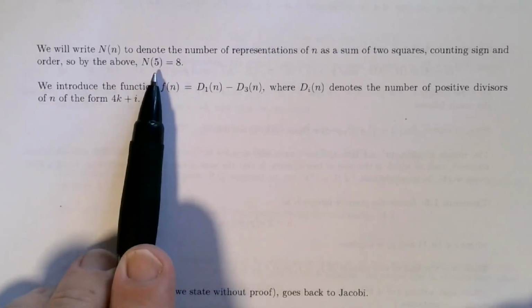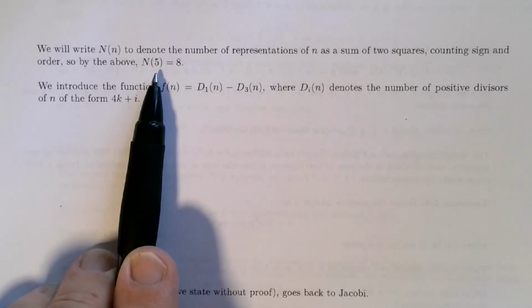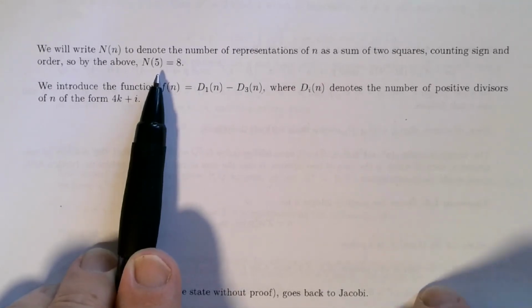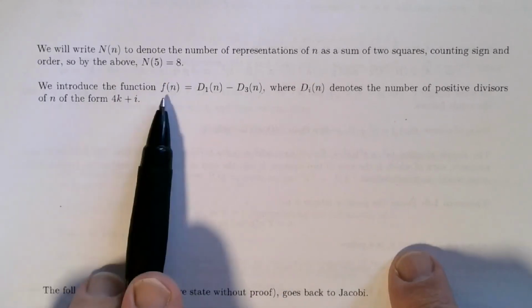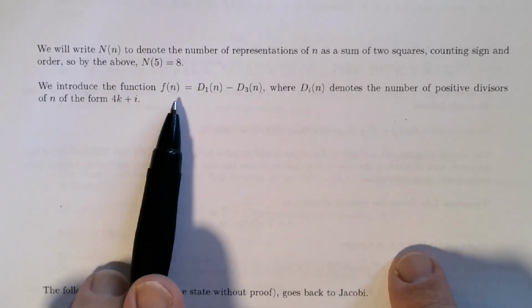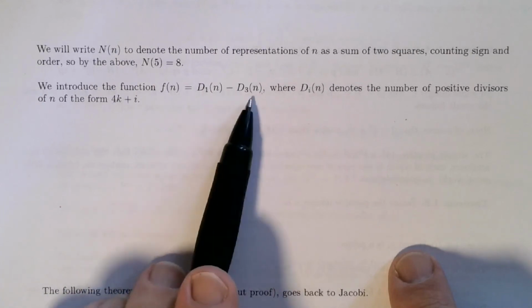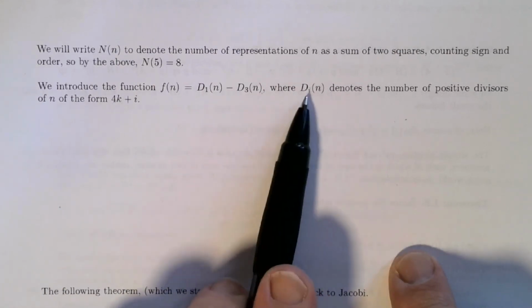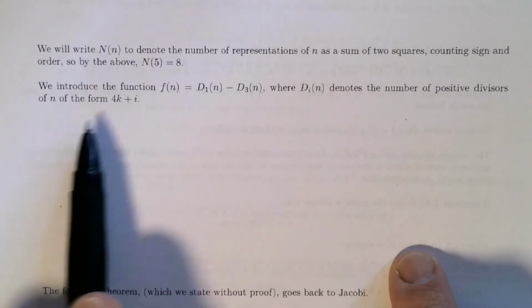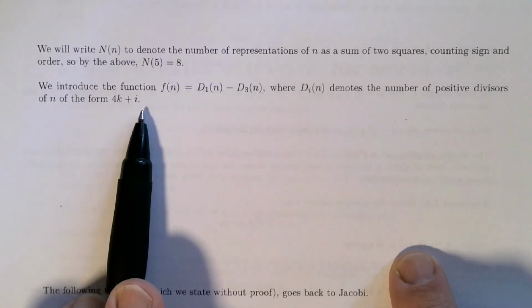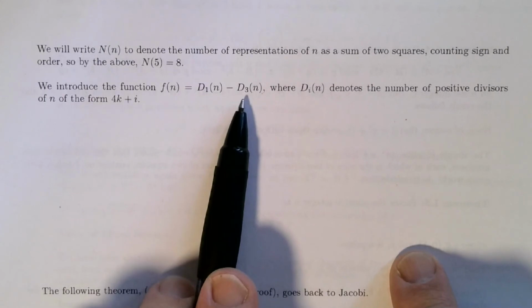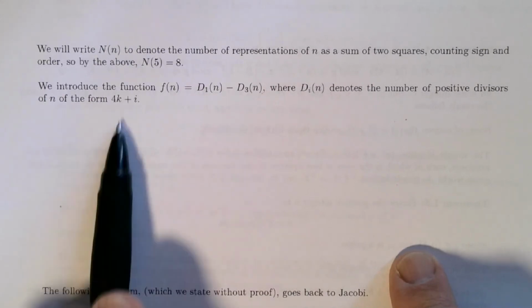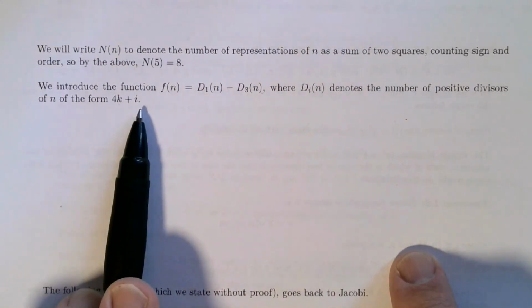We can write 5 as the sum of two squares in 8 ways, counting all the different signs and the orders as we did above. So I'm now going to introduce this interesting function. This is f of n is d1 of n minus d3 of n. So d1 of n is the number of positive divisors of n of the form 4k plus 1, and d3 of n is the number of positive divisors of n of the form 4k plus 3.